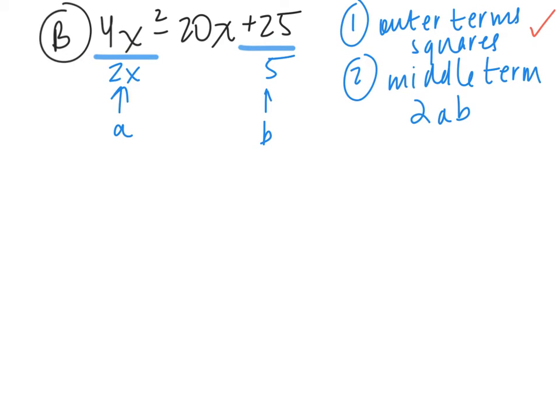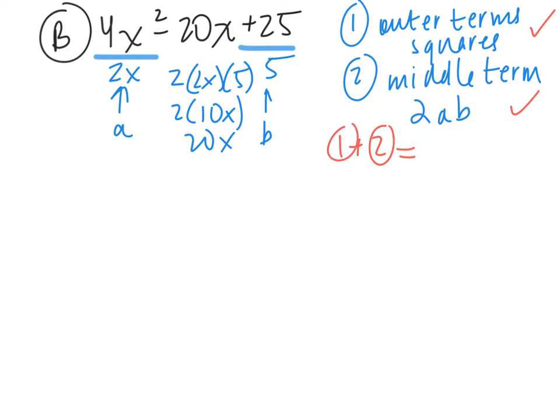Is my middle term 2 times those? So I check it. I say, okay, is it 2 times that? Let's see, 2 times 10x, 20x. Beautiful, it is. So you say, okay, check, great. And now you just proved that these are the 2 recipes. 1 plus 2 are the 2 conditions to have a PST. So I do have a PST.